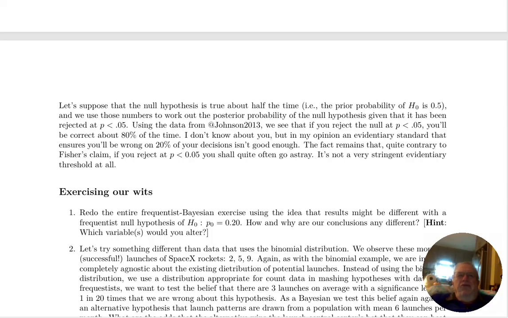who are the people going to consume my analysis? What are they looking for? And if they're looking for how likely an idea is, a conjecture, a hypothesis, a theory, given the data, well, you know you're talking posterior Bayesian analysis, which takes evidence, and that's the probability of the data given a particular hypothesis.